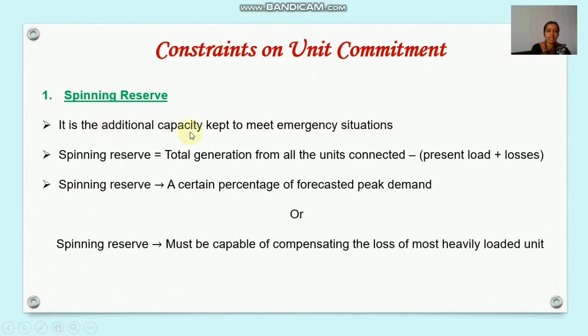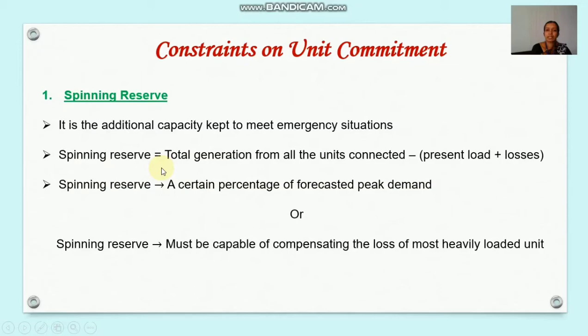It is the additional capacity kept in the system to meet emergency situations. More than what is required by the load, there should be some additional power in the system so that these emergency situations can be met without any difficulty. That power is known as spinning reserve.